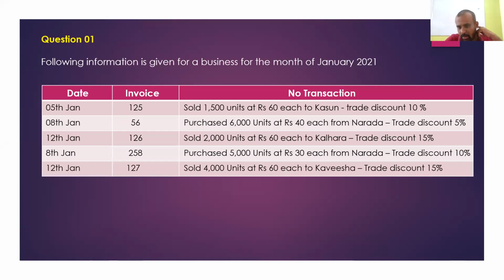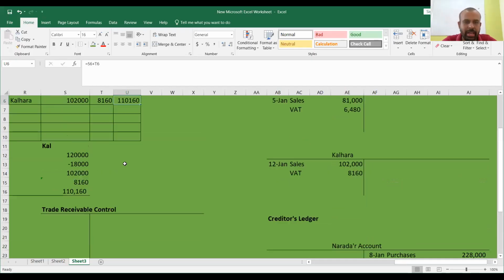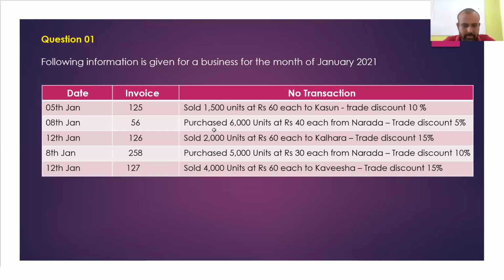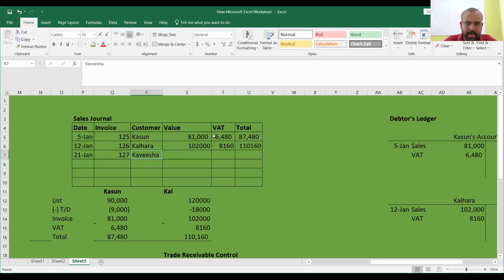12 January, 4,000 units you sold for 60. Credit sales. 21st January. මම එක 21st January කරන්න කිව්වා. 127. Name of the customer, you can say Kavisha. Right. Okay. Kavisha අපි sell කරලා තියෙන්නේ කොහොමද?